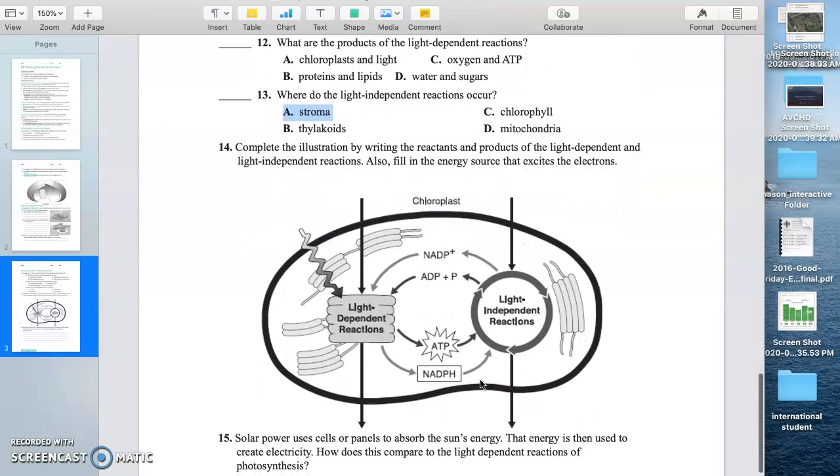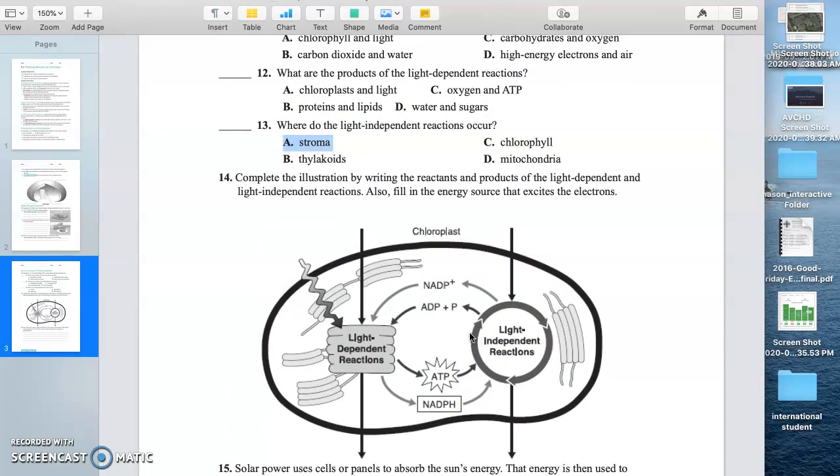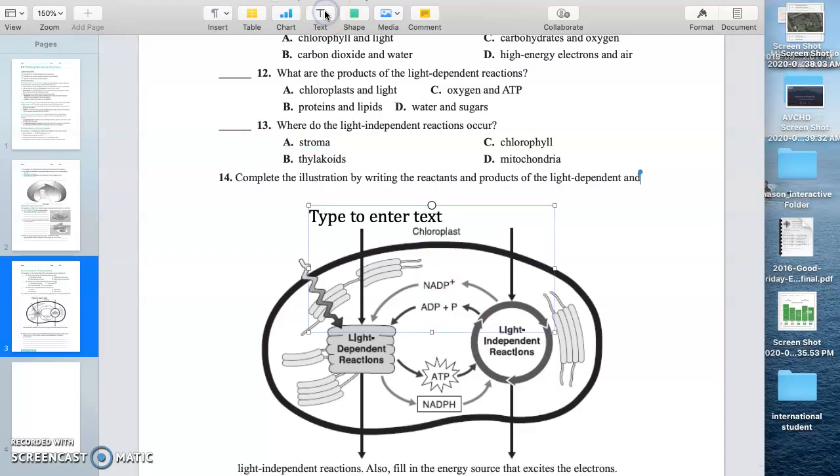Okay, so let's complete the illustration by writing the reactants and products. Okay, so let's do that. Okay, so in the light-dependent, we need light. We need water.